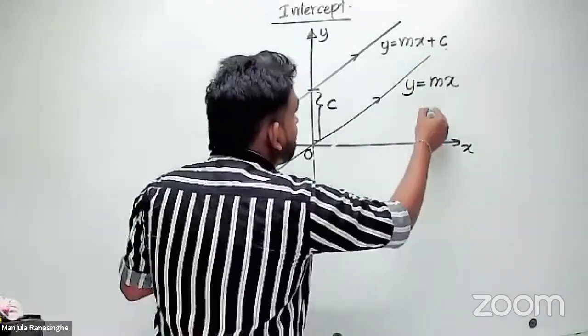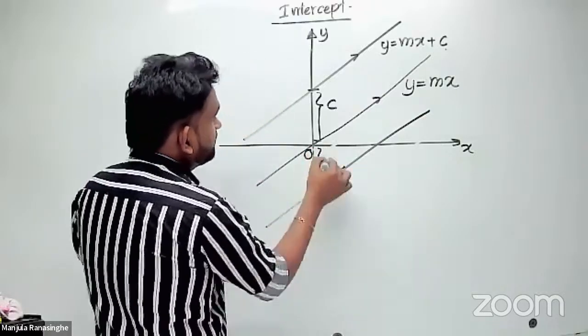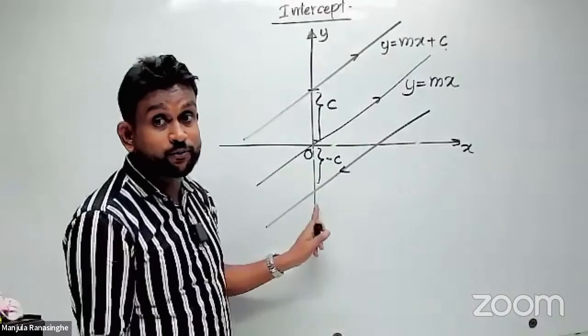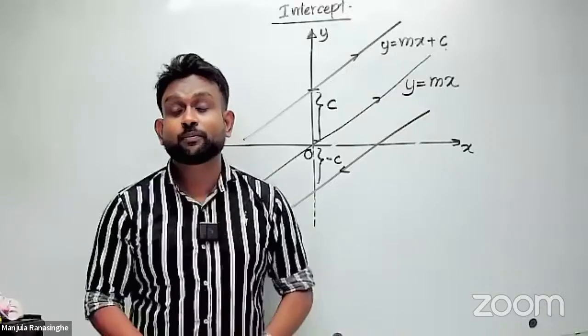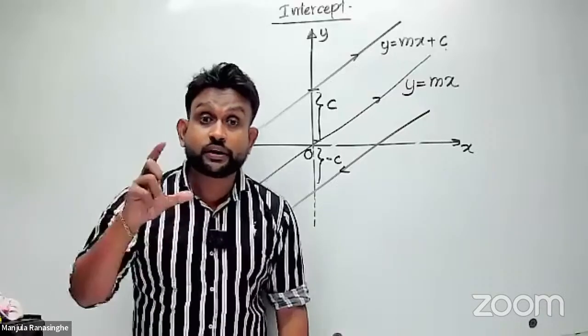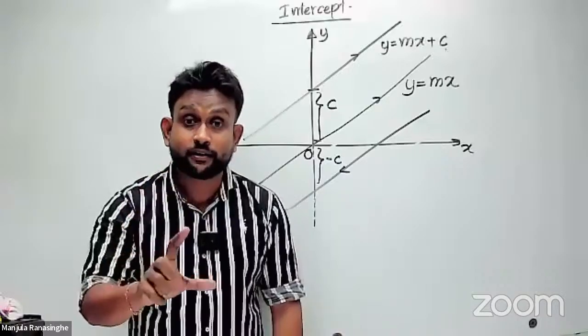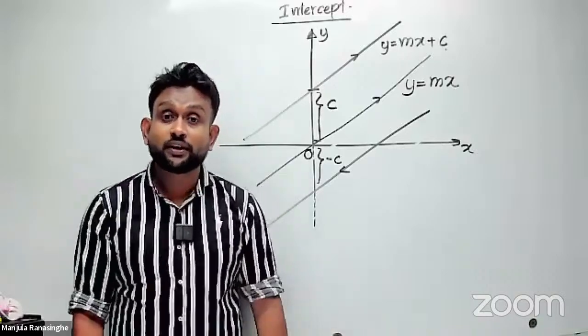If any graph running this way has a negative intercept, like negative c, maybe negative 2, negative 3, negative 4, whatever, then it has a negative intercept. So by looking at a graph, how do you determine the intercept? Just take the point where the graph intersects the y-axis; that y value is the intercept.